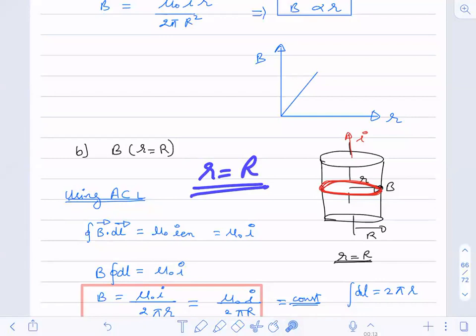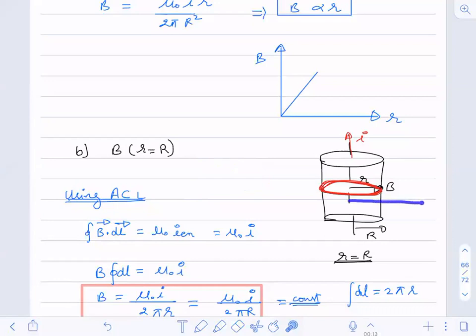This small r is just here to show you the distance. It can have a value less than R, equal to R, or greater than R. This is just a variable, not any particular value. A particular value will be had only by this capital R. This small r will be varying as you move away from the center line.